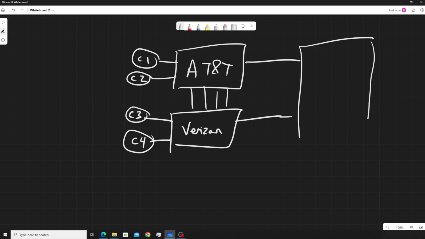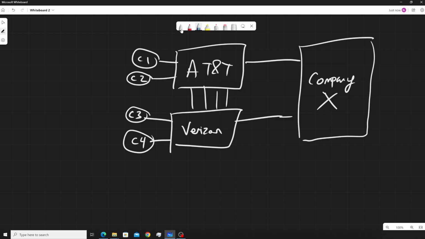And some of AT&T's customers also, and some of Verizon's customers also subscribe to Company X's services. They are a customer of not just Verizon, but also Company X. Company X is not an ISP. They are a content provider.